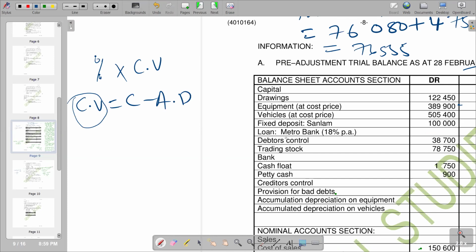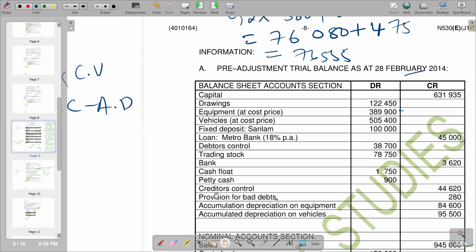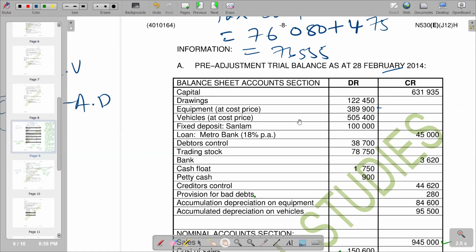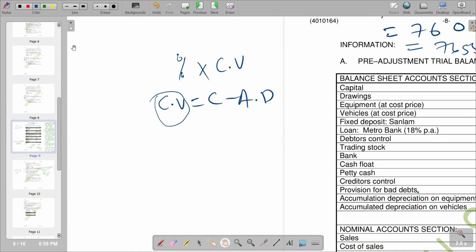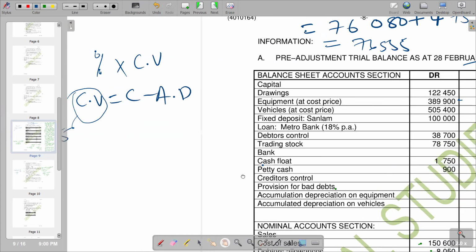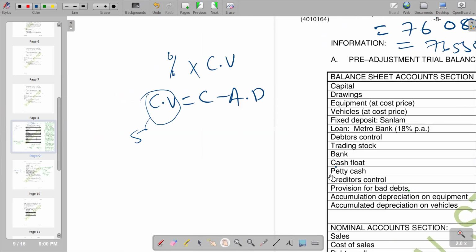The cost of the vehicles we get from the pre-adjustment trial balance, which is 505,400. We can maybe try to cross-check the figures. We have our 505,400 as the cost.